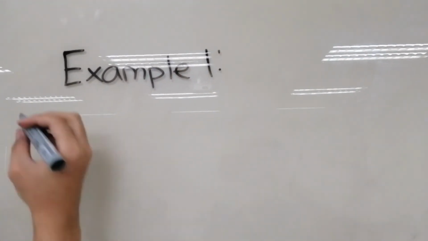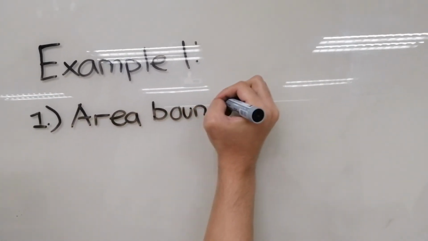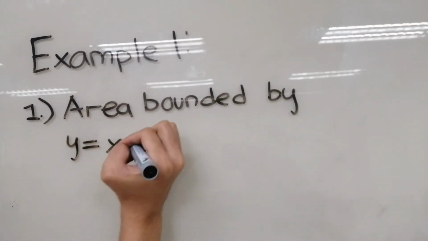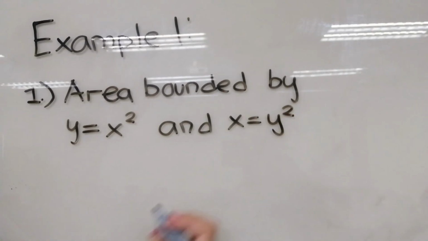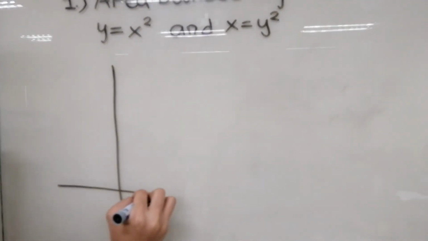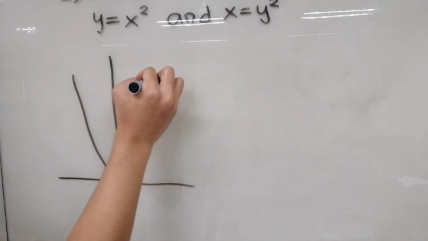Here is an example for area between two curves. Find the area bounded by y equals x squared and x equals y squared, where x is equal to 0 and x is equal to 1. Again, as always, the first step is to sketch the graph.